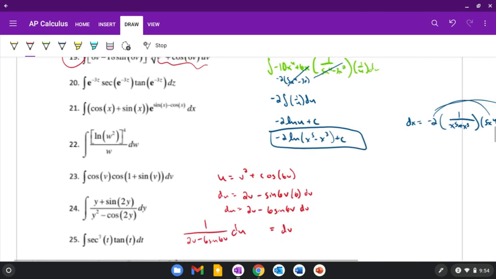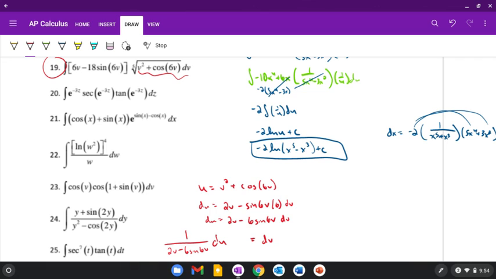Now we can plug it in on the 19. Integral of 6v minus 18 sine of 6v. And then I've got this part I'm substituting, 1 over 2v minus 6 sine of 6v.